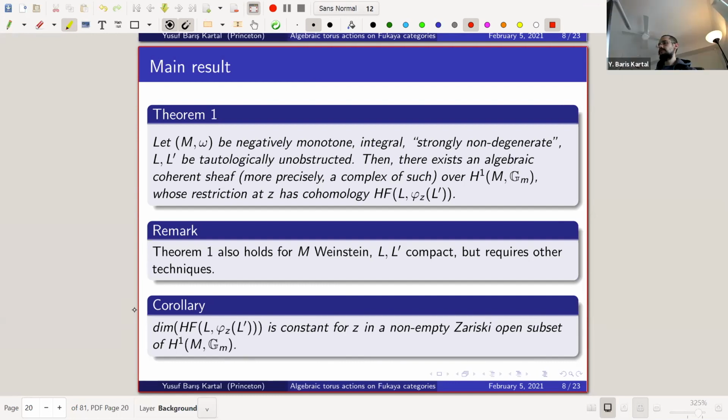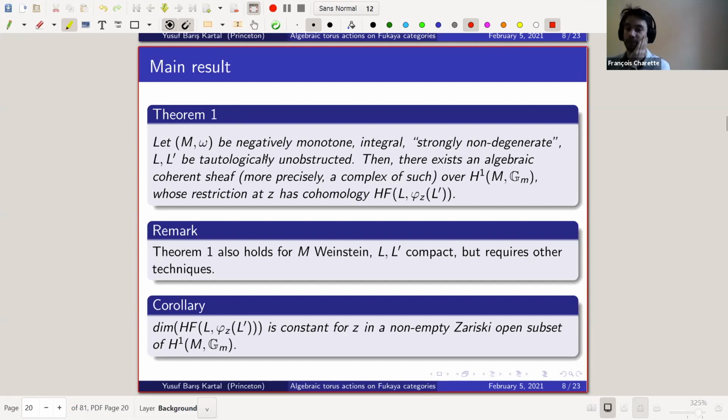Okay. So if there's bubbling, it could be a negative sphere. I thought this created more technical difficulties than positively monotone, but maybe later it's going to show up. So it's okay. We'll see. Probably no. This holds for positively monotone as well, but yeah.